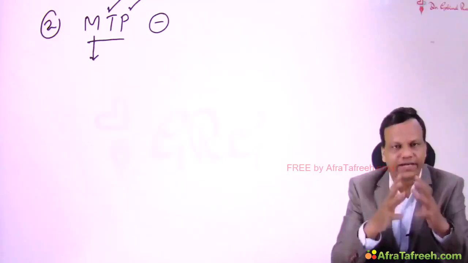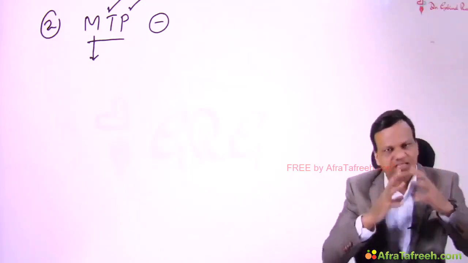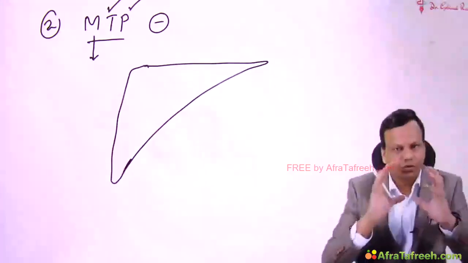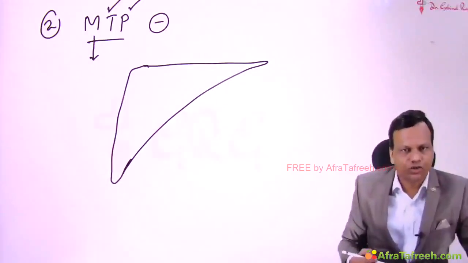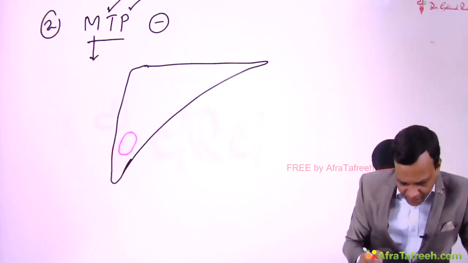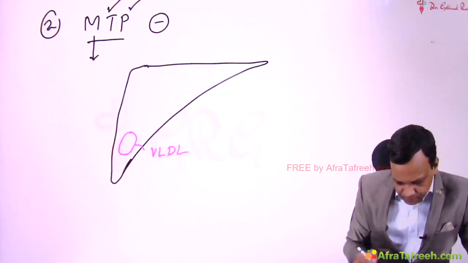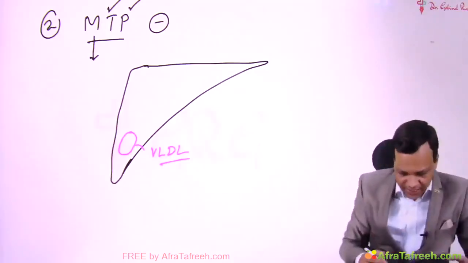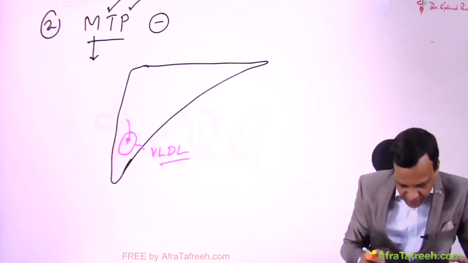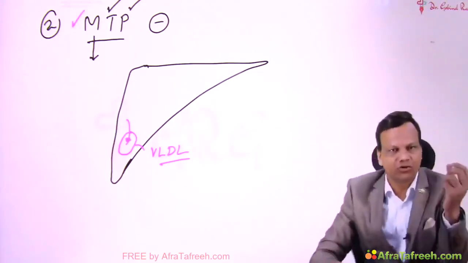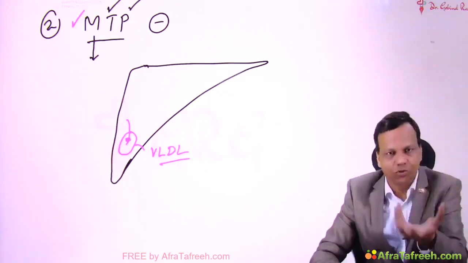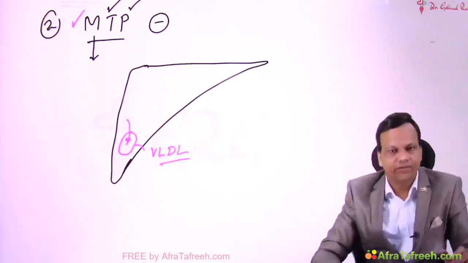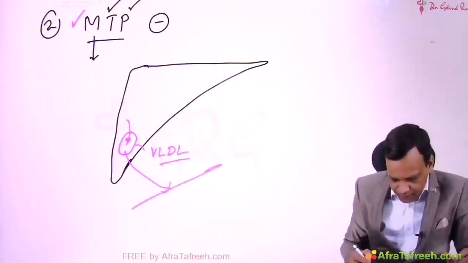What this protein does is, in our liver, whatever excessive cholesterol is present will be packed in VLDL. VLDL contains cholesterol and triglycerides. Triglycerides are packed in the VLDL with the help of this protein known as microsomal triglyceride transport protein. The name says it will transport the triglycerides into VLDL, and then this VLDL will come into the blood.